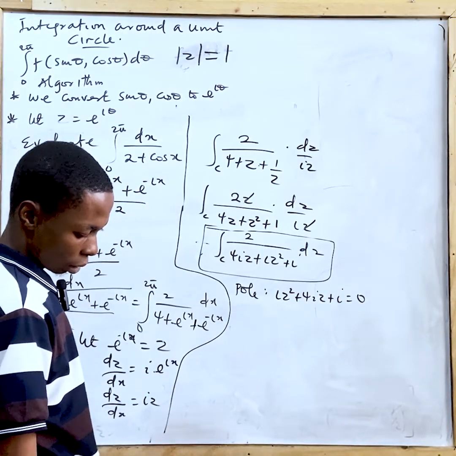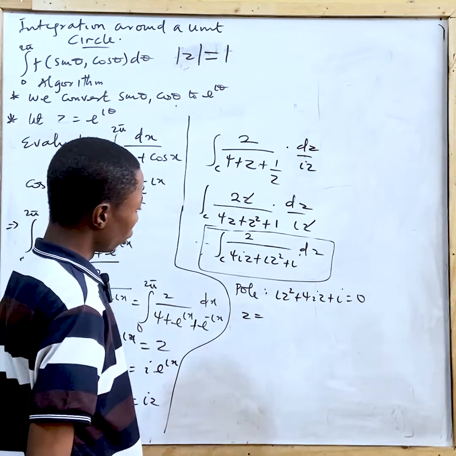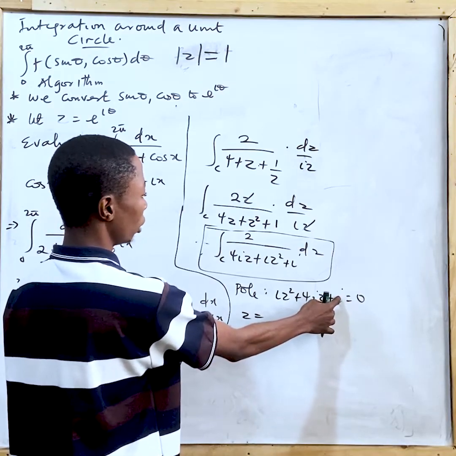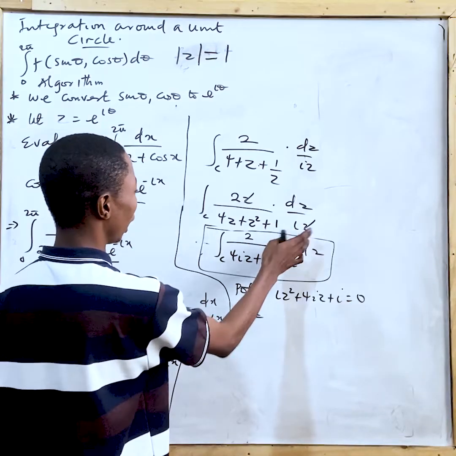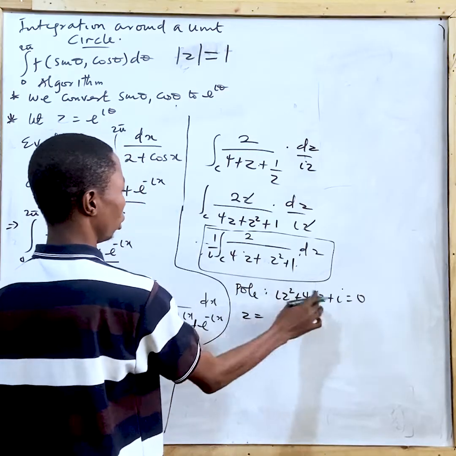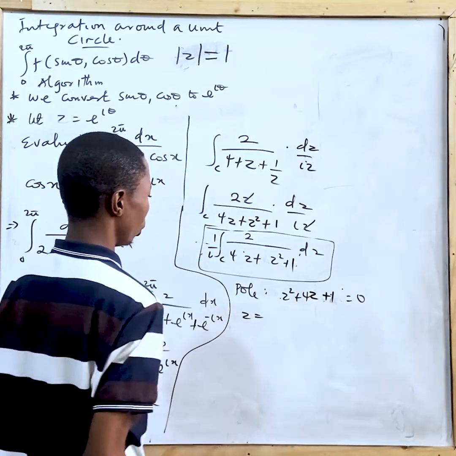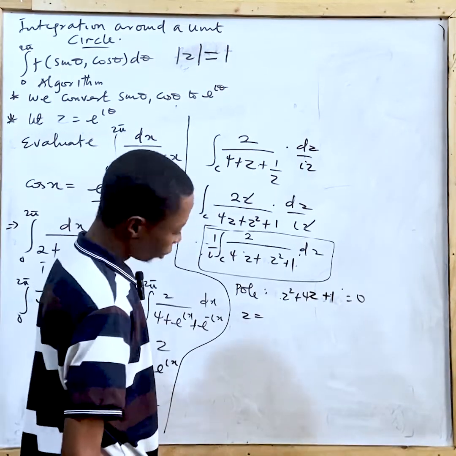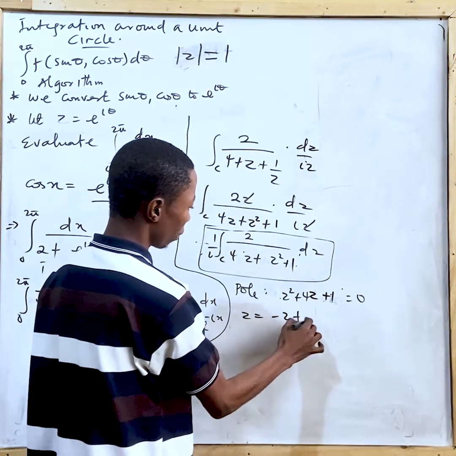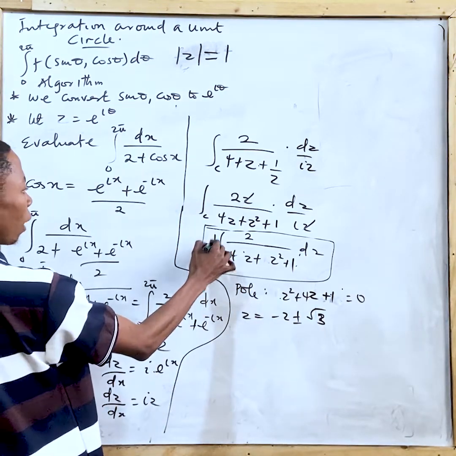So if we solve that, let's take that i out as a constant, so that we are going to have z squared plus 4z plus 1. Using the quadratic formula, z is equal to minus 2 plus or minus root 3. Don't forget, we are having 1 over i outside.